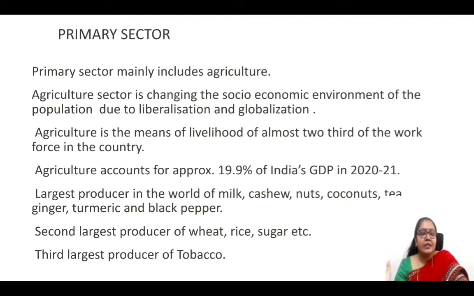This is an achievement that we should all be proud of. And when it comes to tobacco, we are the 3rd largest producer in the world. So I think we have to pat our backs because this was a great contribution, the change that happened in the primary sector with all the policy frameworks by the government, and also people's contribution.